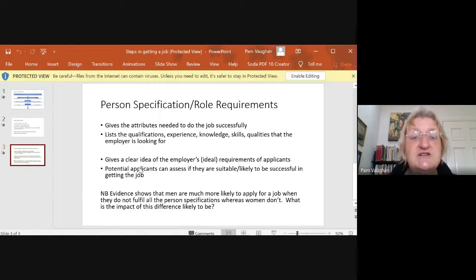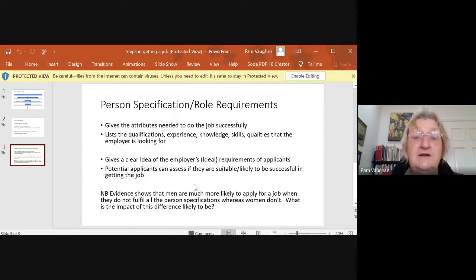An applicant who has tailored their letter of application, or even their CV, to reflect the person specification is clearly going to stand out to the employer as somebody who could potentially be worth shortlisting, worth going through the sifting process.